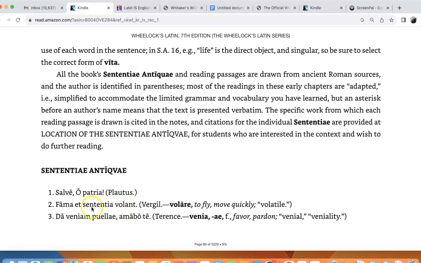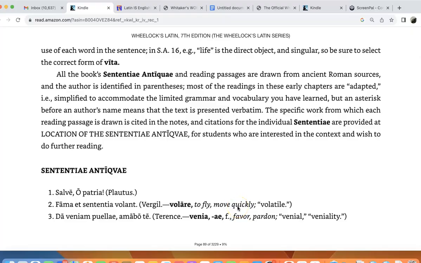Hence, we shouldn't be surprised if society has the cracks in its structures that it does, because most people are swept up, in the words of Thoreau, in living lives of quiet desperation. So again, just thinking about what this means, that's probably how I would translate it: rumor and public opinion move quickly.